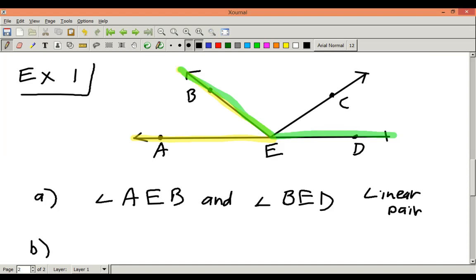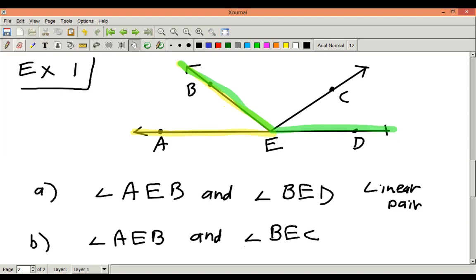All right, this time let's consider angle AEB and angle BEC. So let me highlight those. So again, we can have a look at those.